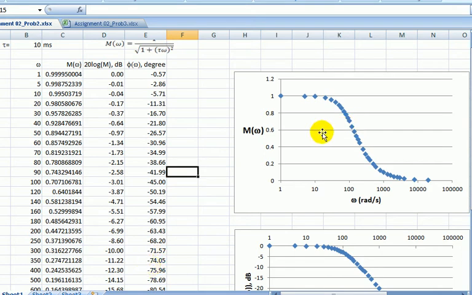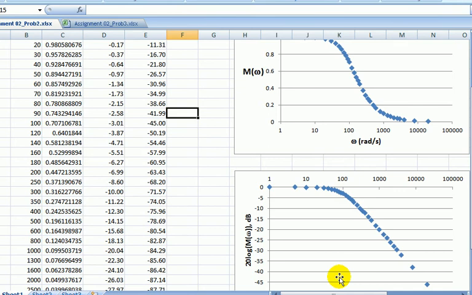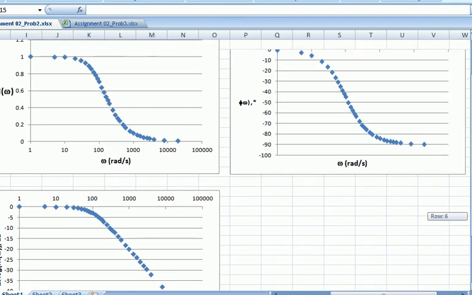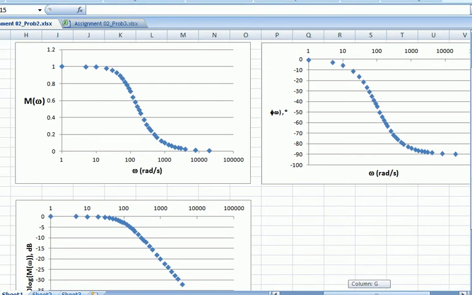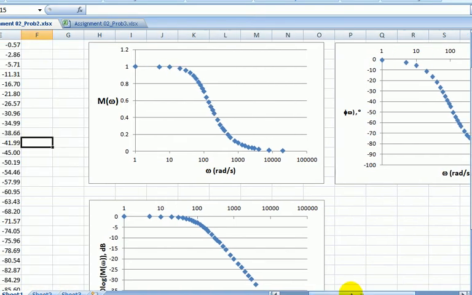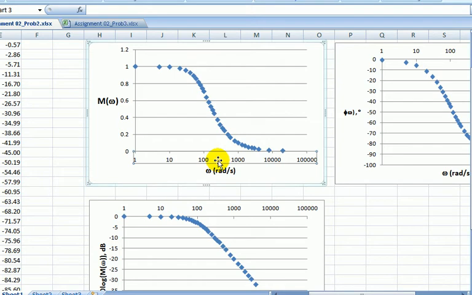Then you produce the plot of M of omega versus omega, 20 log M of omega versus omega. So these two plots are here, and also the plot of phi of omega versus omega. Now one thing you need to be careful about is the x-axis. Basically the omega axis needs to be in log scale.